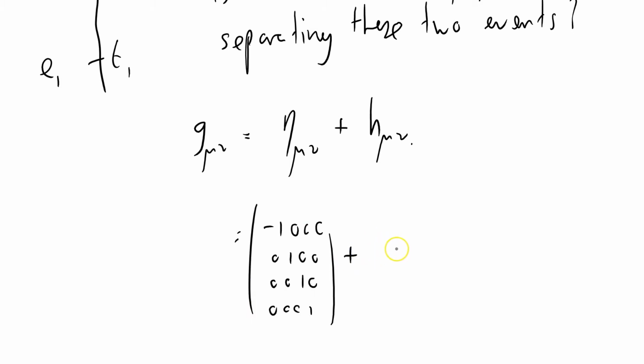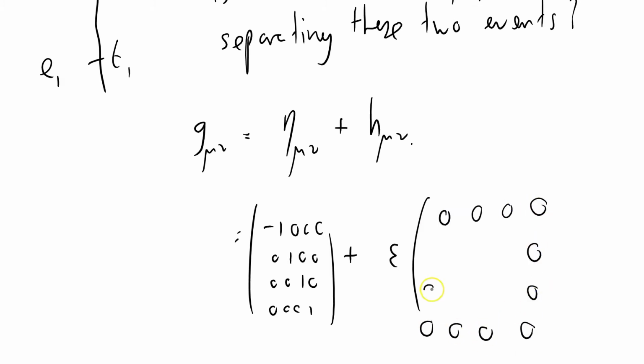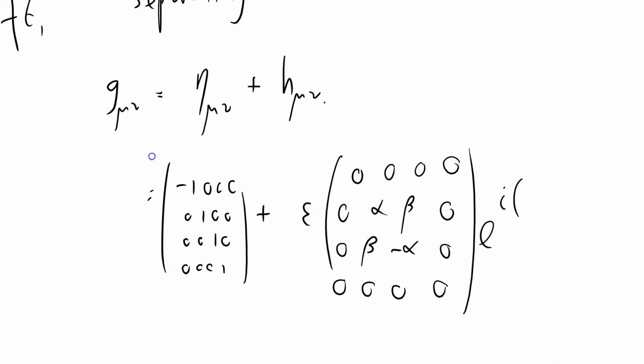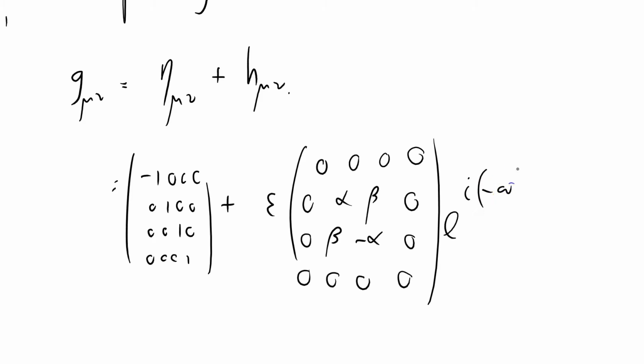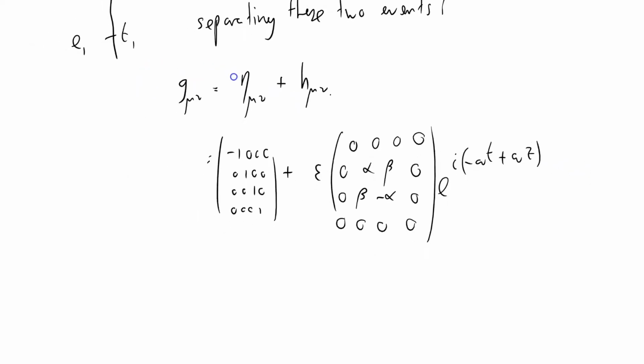Plus something small times a tensor in a very particular form, which has got alpha, beta. It's symmetric, so these two terms match, and it's got no trace, so that's 0. Times e to the i, this is the oscillatory component, minus omega t plus omega z. And that was the simplest form we could possibly take.